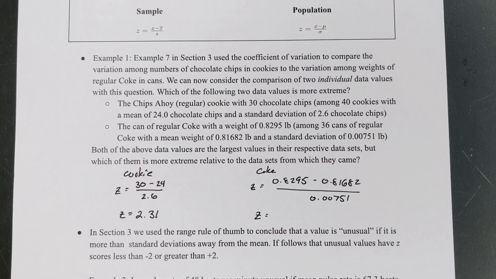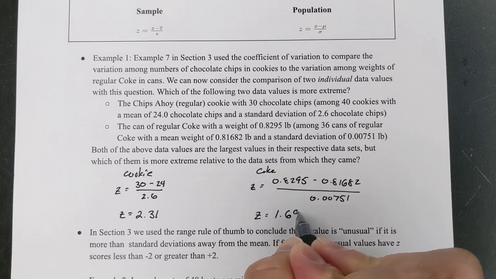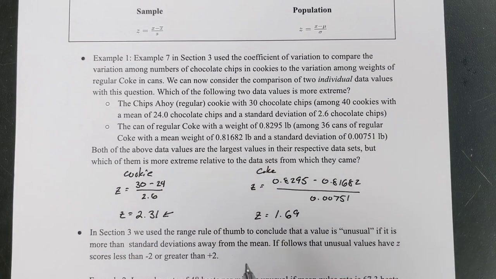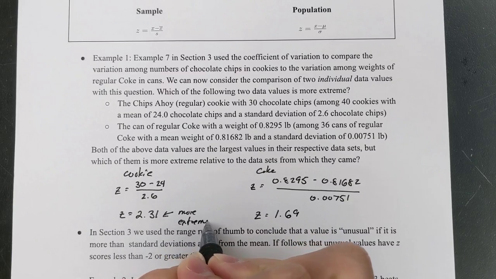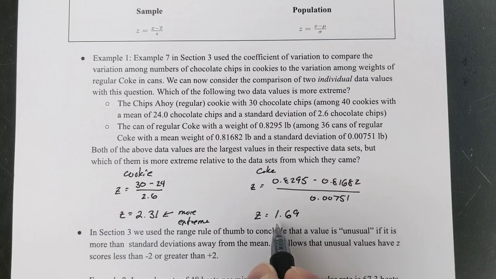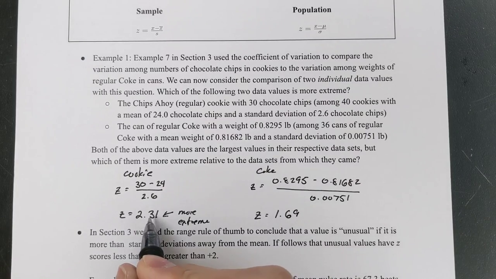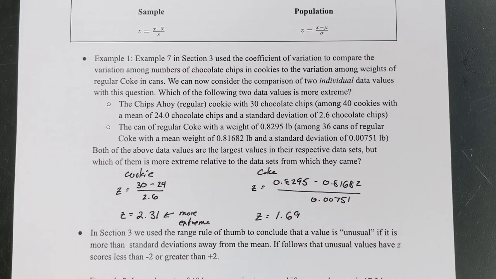So 0.8295 minus 0.81682, and then divide all of that by 0.00751, and we get a z-score of 1.69. Since the cookie's z-score is larger, this is the more extreme value. It is 2.3 standard deviations away, whereas the can is only 1.7 standard deviations away. So the cookie is farther from the center, the average value, than the can is.